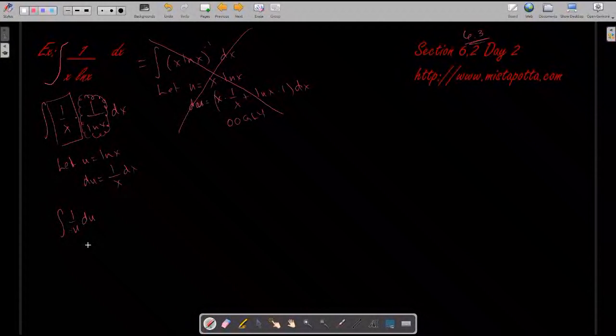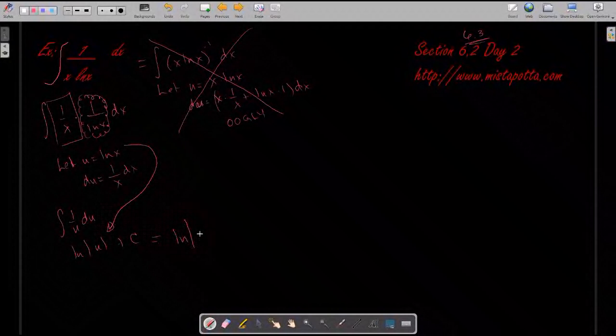And I know the antiderivative of 1 over u is the natural log of the absolute value of u plus c. And u in this case is natural log x. So I actually end up with the natural log of the absolute value of the natural log of x plus c.